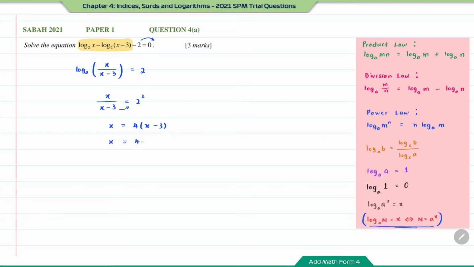So expand this, you're going to get 4x minus 12. So I'm going to move this x to the right hand side and this negative 12 to the left hand side. So 12 is equal to 4x minus x, which is 3x. So x is equal to 12 divided by 3, therefore x is equal to 4.